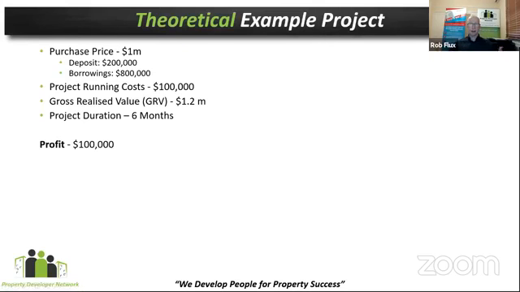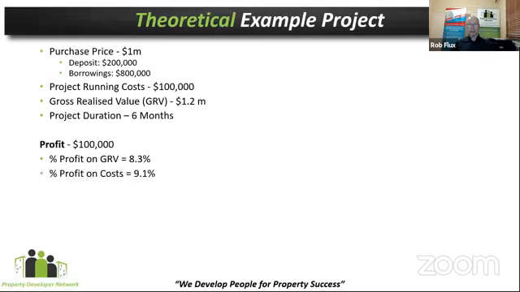Now that seems really, really simple when we actually look at the cash. But if we then go and have a look at those different percentages, if we look at percentage GRV, so gross realized value in this instance was 1.2. So it was 100,000 divided by 1.2 gives us an 8.3% return.